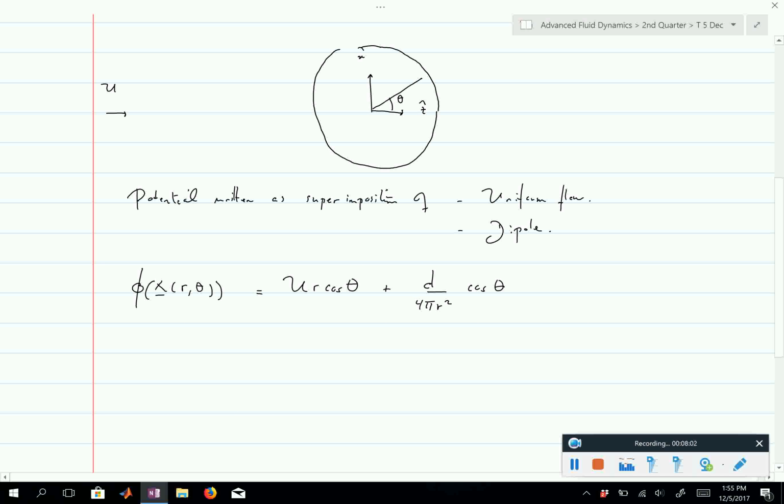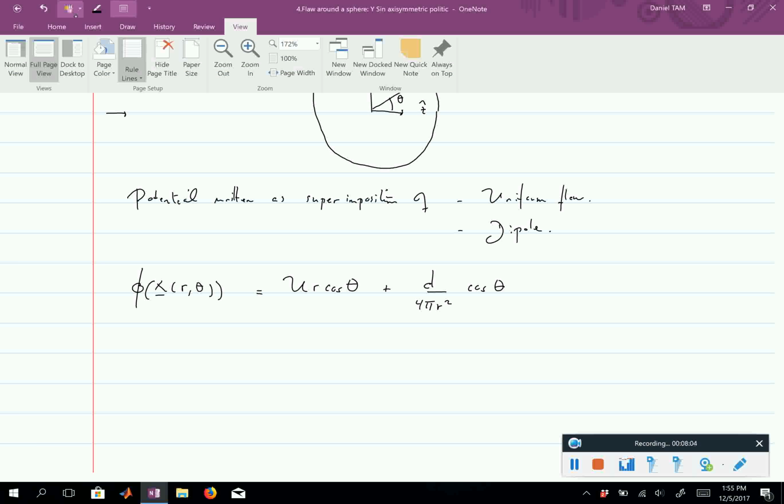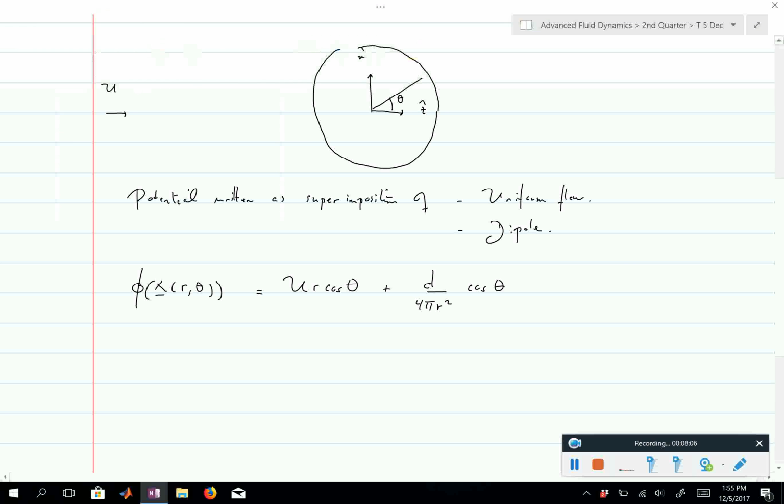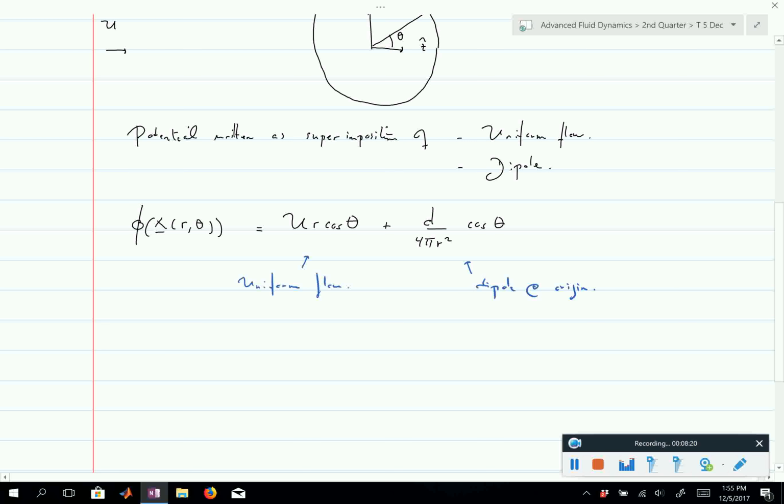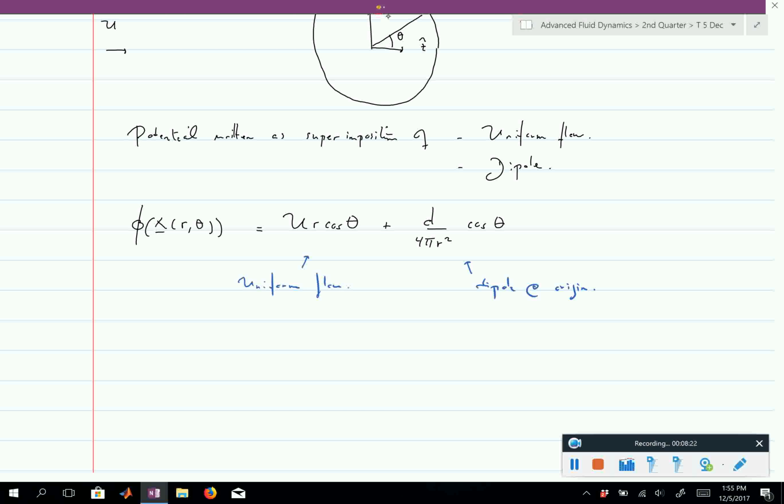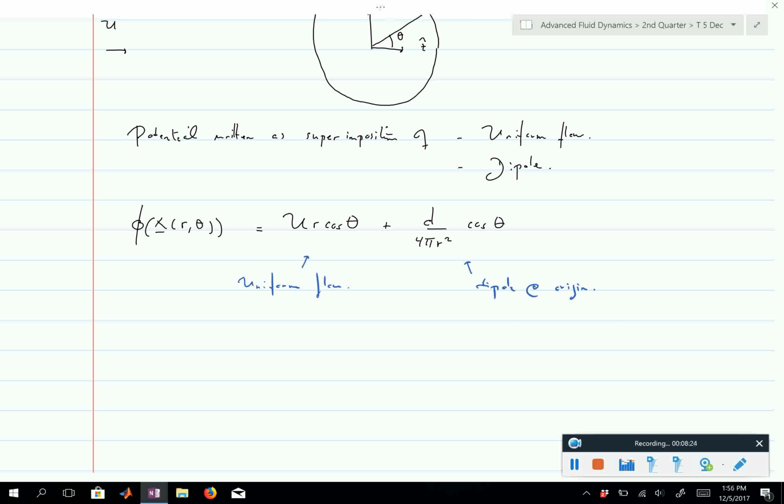So this here is our dipole, this here is our uniform flow, and this here is a dipole at the origin.